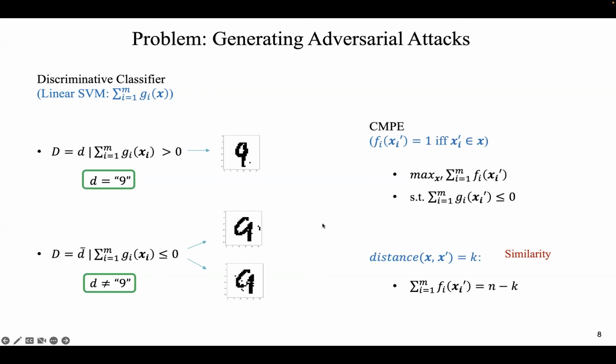So what I can do here is use these functions f to define a similarity measure, which says that if the distance between the image that you generated, which is a modification of 9, and the original image, which is this 9, is large, then I will give you a large penalty, okay? And if the distance is small, my penalty will be small. So now your task is to find this modification of 9, using these similarity functions, such that the decision made by the classifier is flipped, right? So that is nothing but an adversarial attack on the classifier.